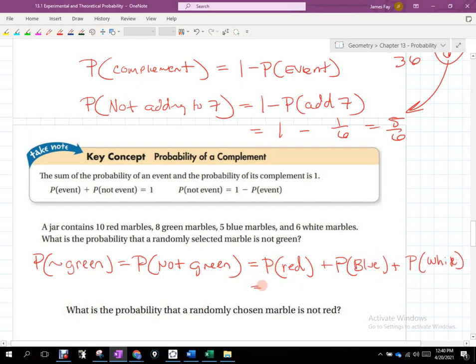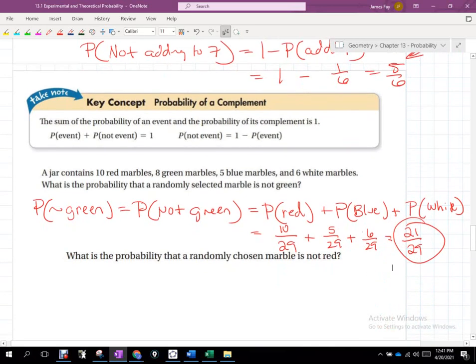So how many are red? 10 out of, so we got 18, 23, we got 29. Okay. How many are blue? 5, so 5 out of 29. How many are white? 6 out of 29. So that gives me, what, 21 out of 29. That would be the probability of not green, correct?